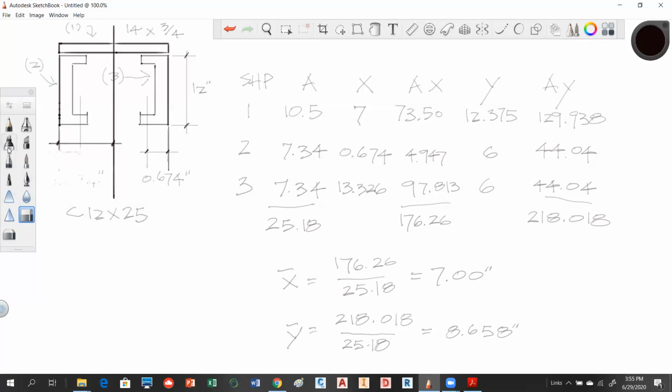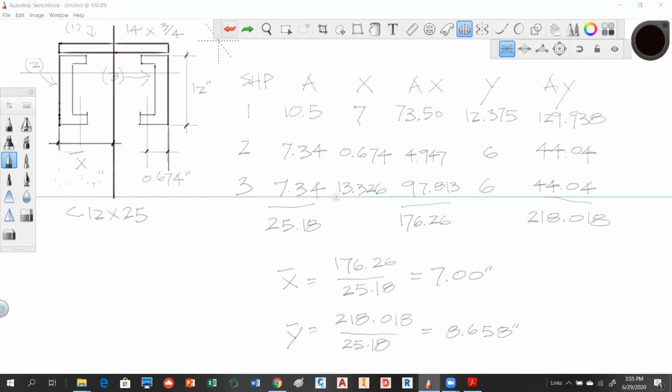And as you can see, this would exactly be half the distance. So the other one is coming in a bit higher, if we notice what's going on. So 6 would be about right there. So we're somewhere about right in here for that. And this distance then here would be my Y bar, the 8.66. So my centroid is somewhere right here about, okay?